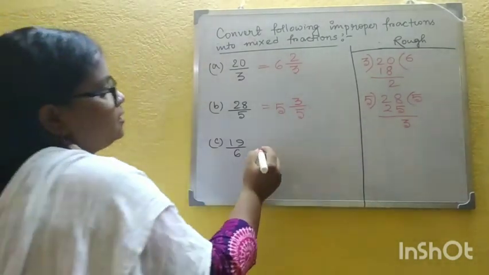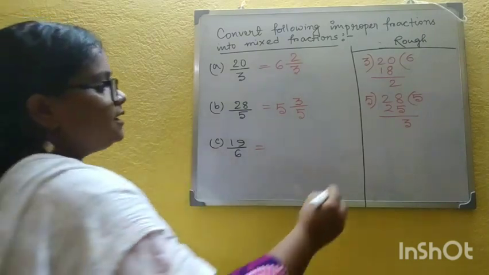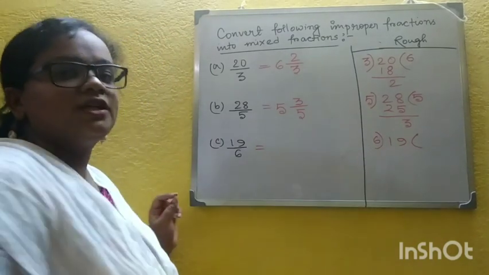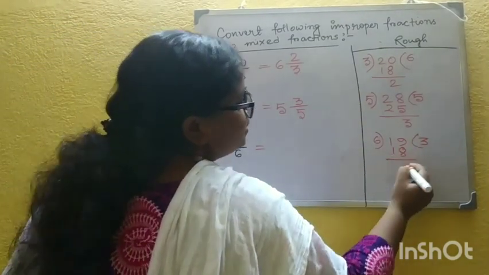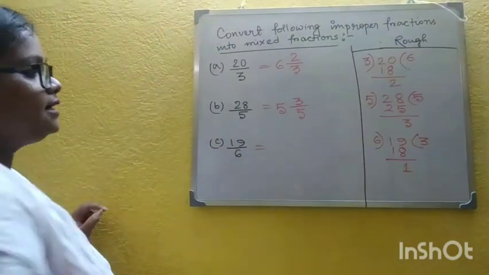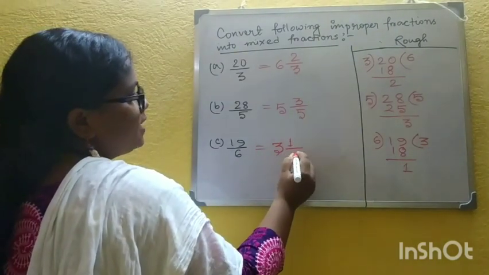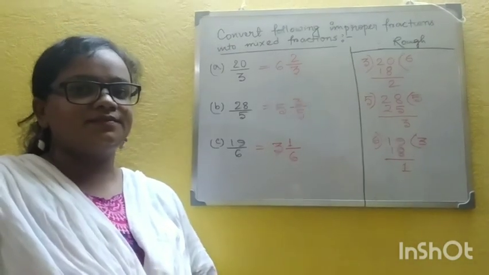Right? Now in the third example also, we will divide 19 by 6. Now we know 6 3s are 18. Here the remainder is 1. So we will write here 3 and 1 by 6. You understood, right?